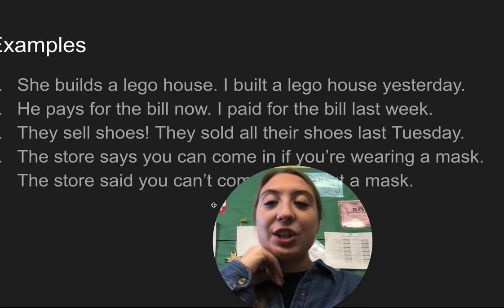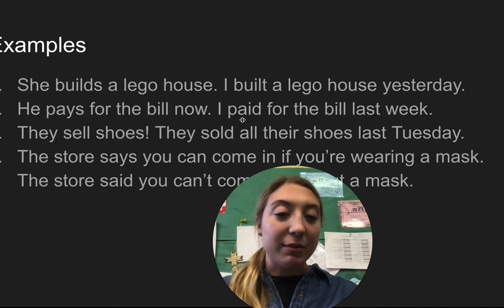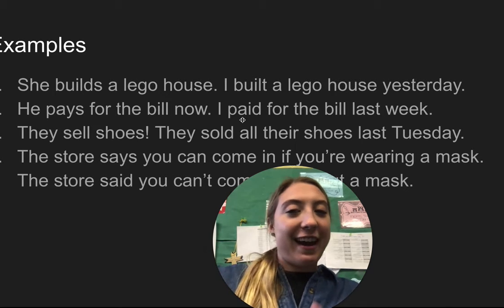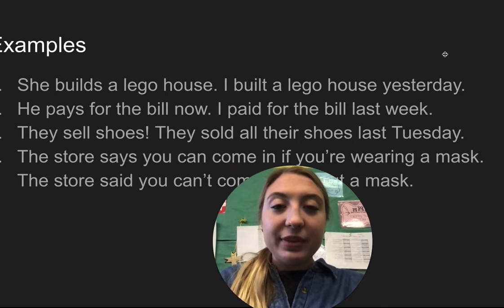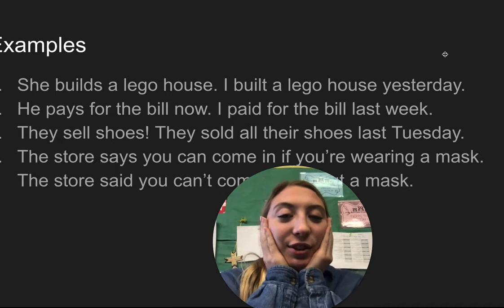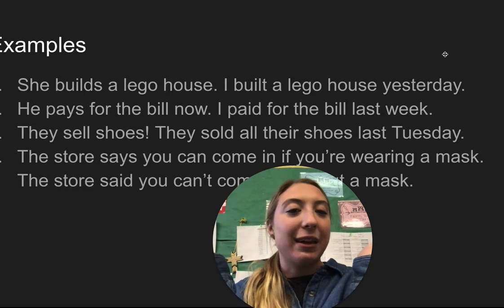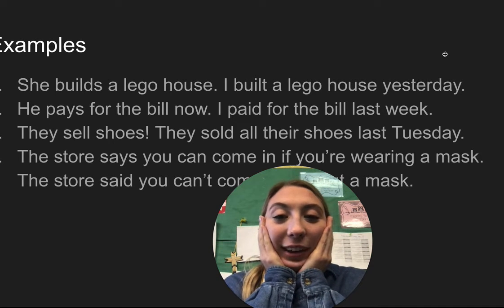When I say paid, I mean it's already paid for. It's already been done. It is in the past. It's already happened. So they sell shoes. They sold all their shoes last Tuesday. So they already sold them all. When I'm saying they sell shoes, you can still go buy them. But when I say they sold them all, there's no more left.